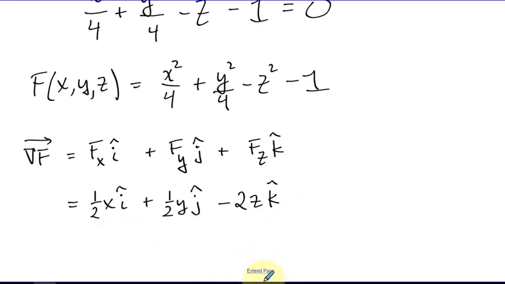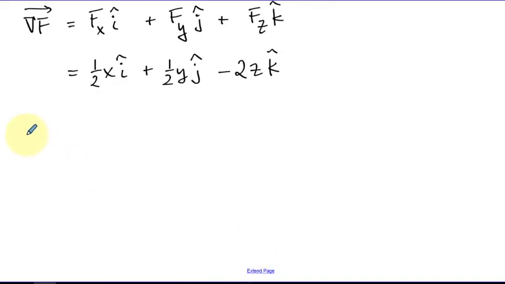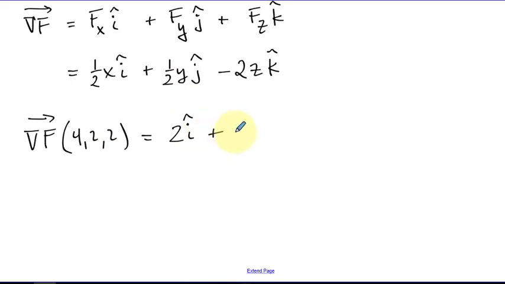So that's the gradient, and it produces a vector in three-dimensional space that would be perpendicular to the surface, or you could say normal to the surface. So this gradient at the point (4, 2, 2): when you plug in 4, you get 1/2 of 4, and that's 2. 1/2 of 2, and that's 1.